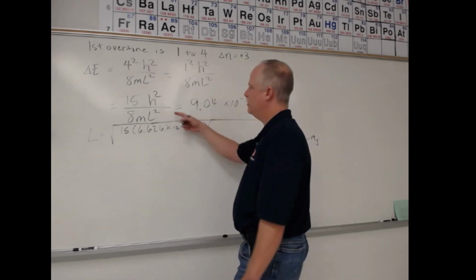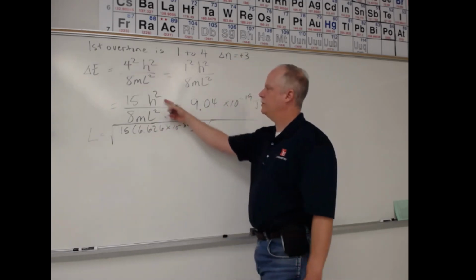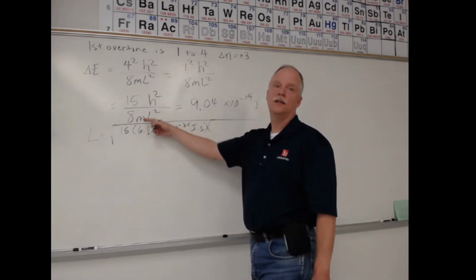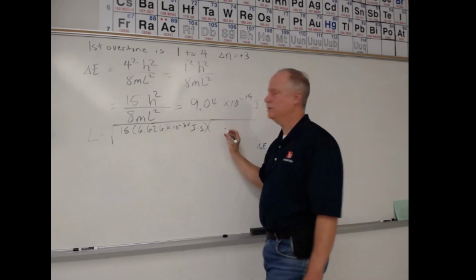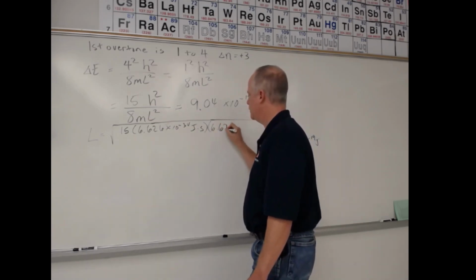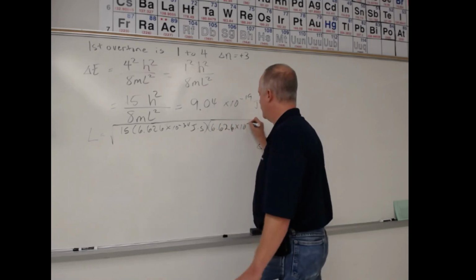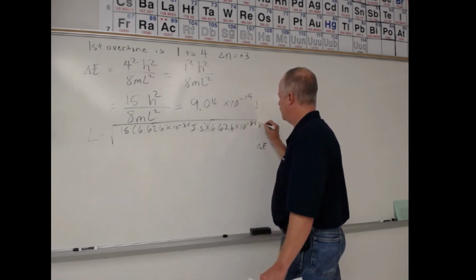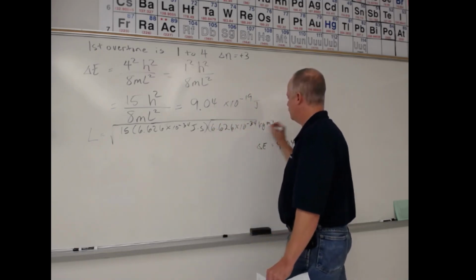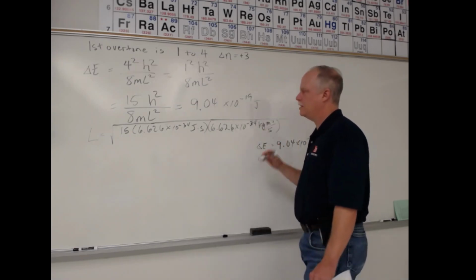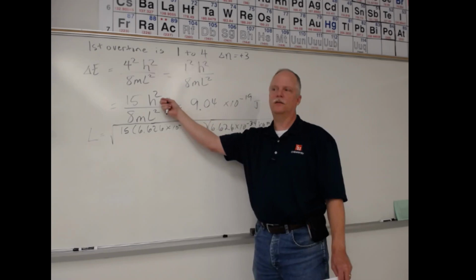I got 2 of those, and I know that one of them is going to have to cancel mass, so I'm going to break the joule out on this one. 6.626 times 10 to the negative 34 kilograms meters squared per second. That's my second Planck's constant, because I have 2 of them up here.